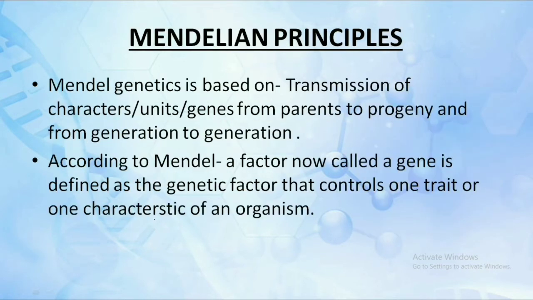So now let's understand the Mendelian principles. Mendelian genetics is based upon the transmission of the characters, the units, genes from the parents to the progeny, from generation to generation. Consider we have one parent, parent 1, and parent 2, and then crossing occurs between parent 1 and parent 2.